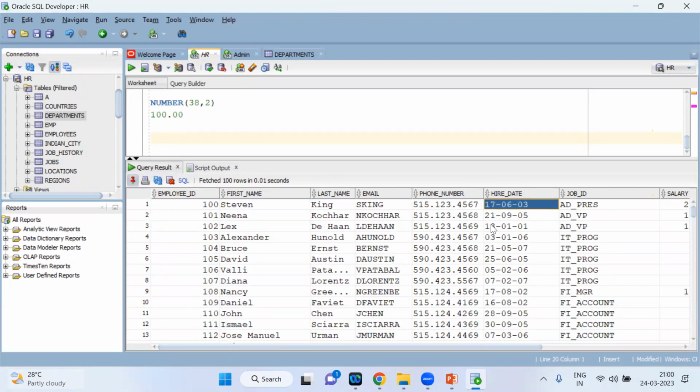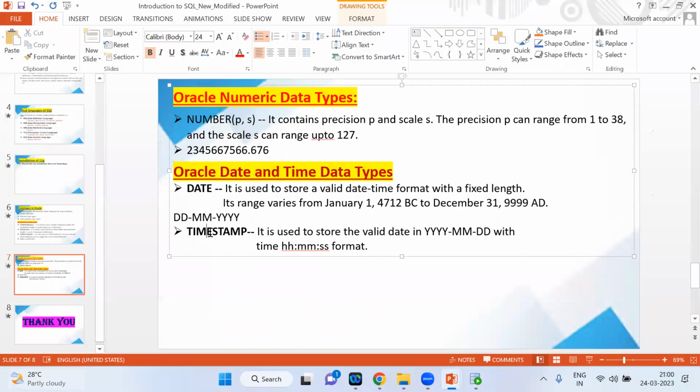But if you want to insert data in this format, DD MM YY and then hours, minutes, and seconds, then you give the data type as timestamp.